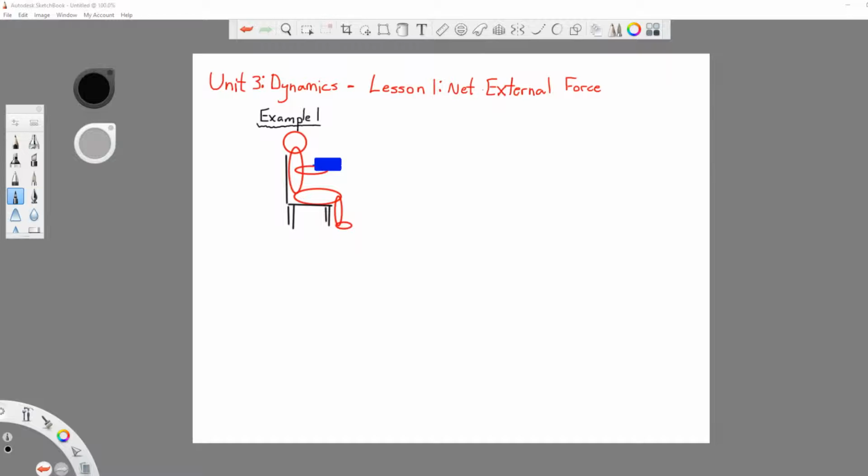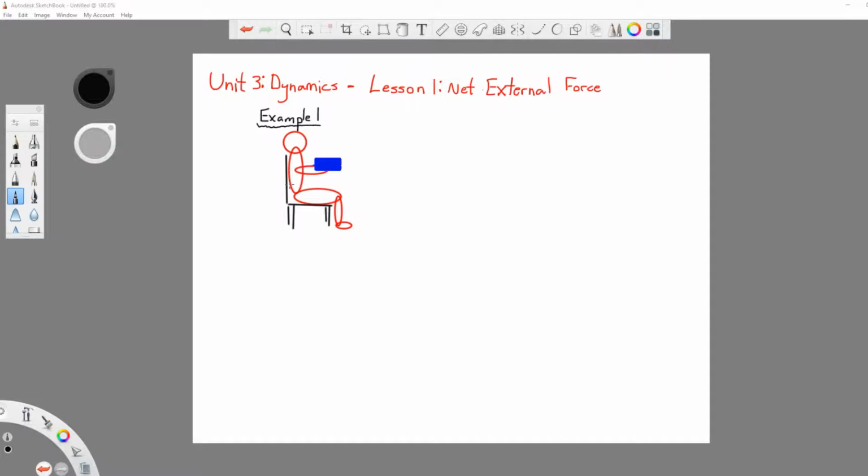So in example 1 of our workbook, we have a question asking us about this person. The sketch looks somewhat like this in the book. It's a person who it says is 600 newtons, which really right now is a little bit irrelevant. And he's holding a textbook. That's what this blue box is, in his arms, and it says that it's a 20 Newton textbook.